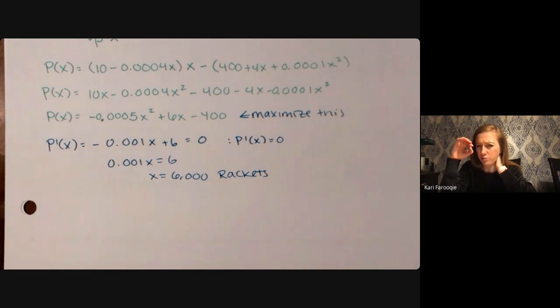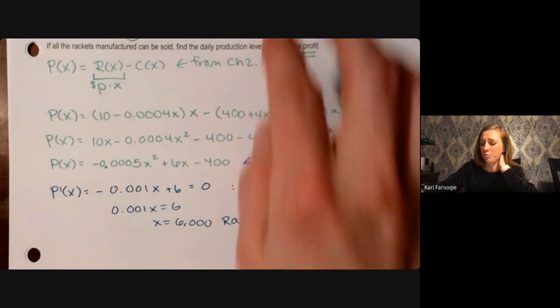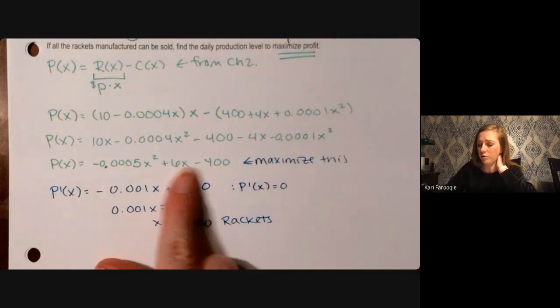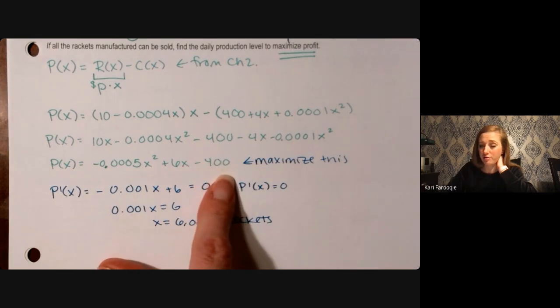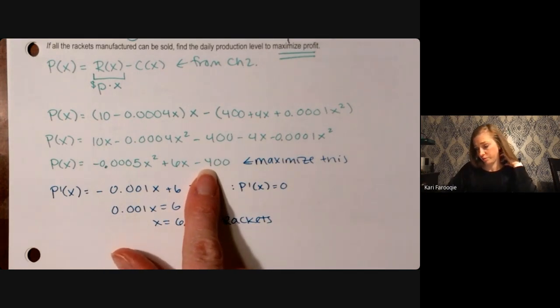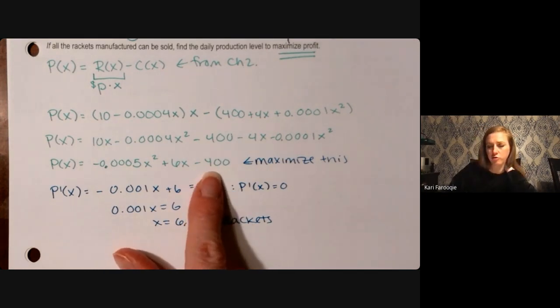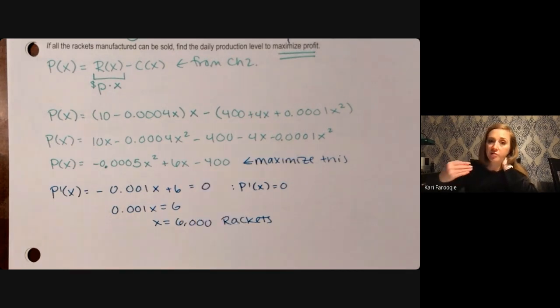But then do you think that manufacturing 0 tennis rackets would actually turn you a profit? So, looking at your profit function, if you let X be 0, you actually have a negative profit. Your profit would be negative $400. I'm surprised it would only be that amount. You would think it would cost you a lot of money to just get set up to manufacture 0 tennis rackets. Okay, so 0 is not going to be an option for us.